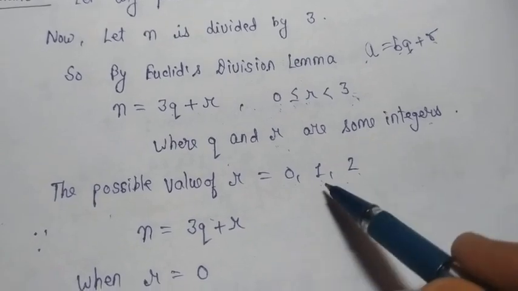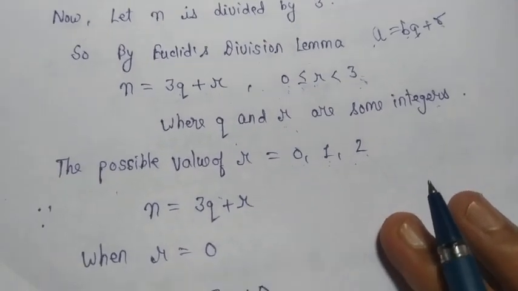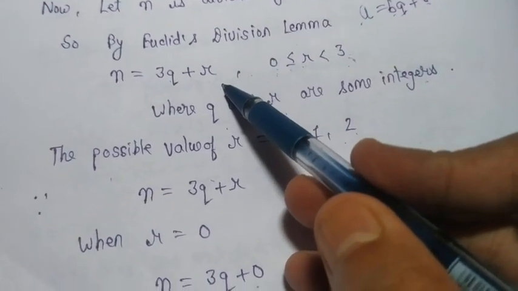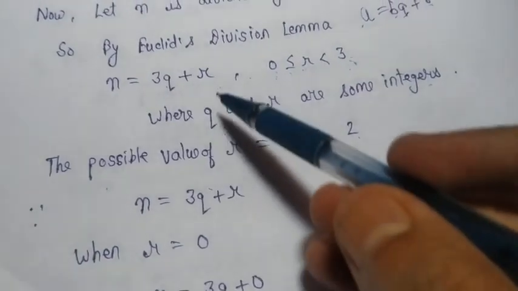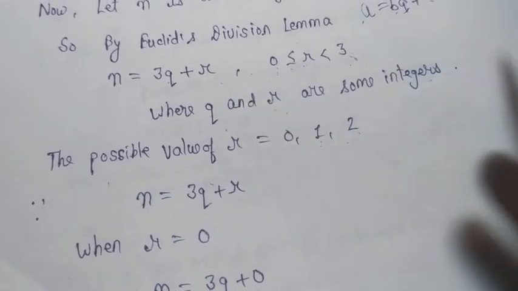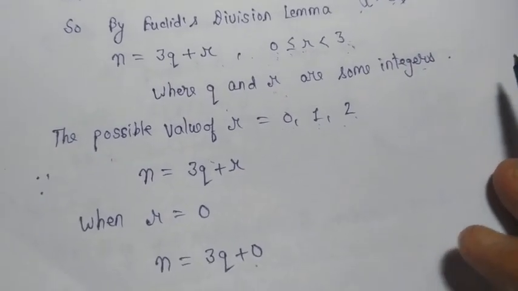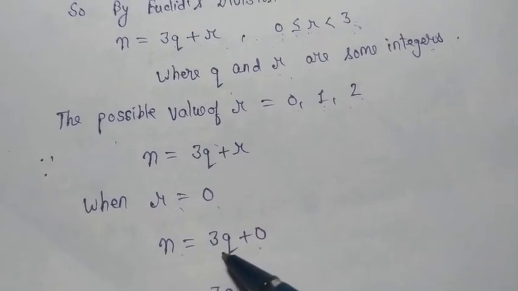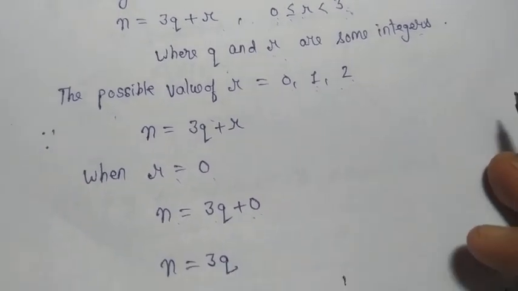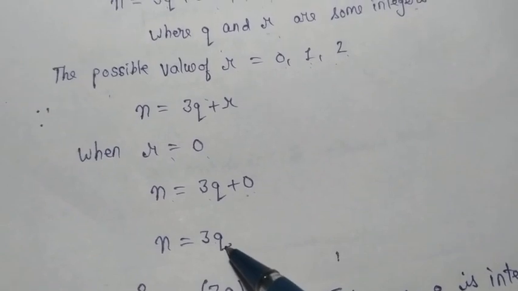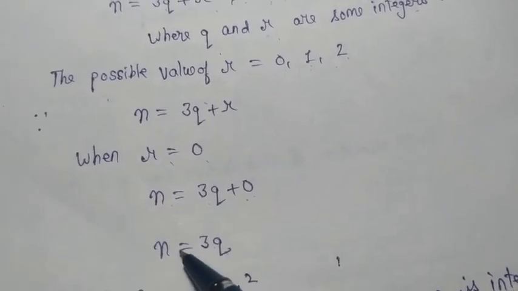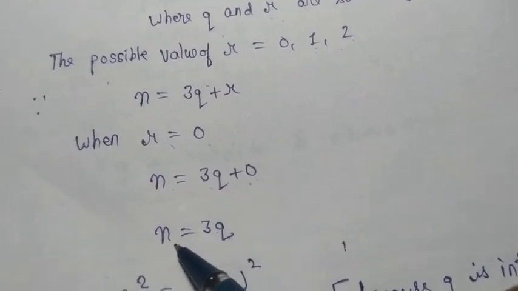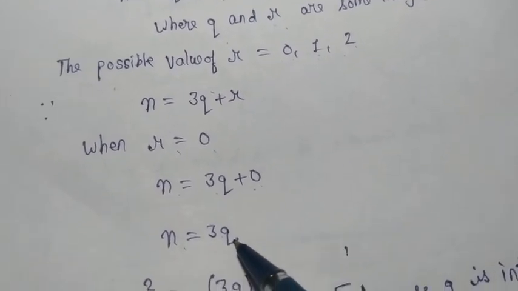They all are integers. Now students, see, we got n equal to 3q plus r. One by one we will put the value of r in this statement. When r is equal to 0, n will be equal to 3q plus 0, so n will be equal to 3q. What was n, students? n was a positive integer, and the positive integer is of the form 3q.